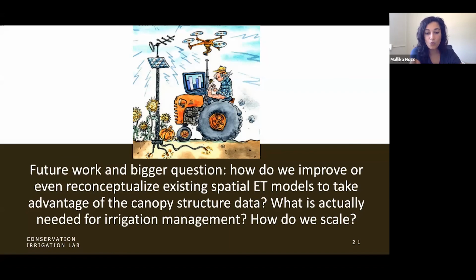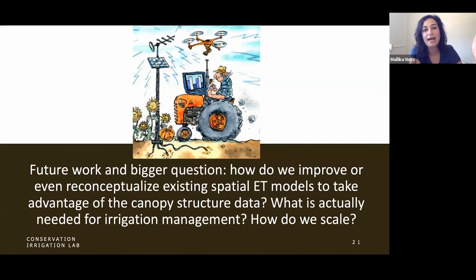They all have some sort of index, NDVI, EVI, some sort of ground cover estimate. But as we saw in the last group of presentations by the folks at the Digital Ag Lab, there's so much more structural information to be had. Is there a way to reconfigure or reconceptualize our evapotranspiration models to take advantage of those structural data?